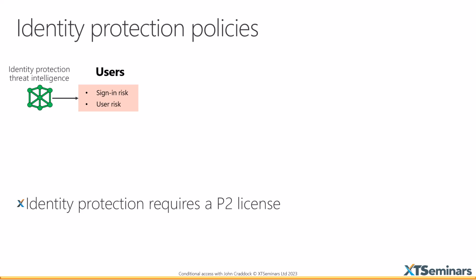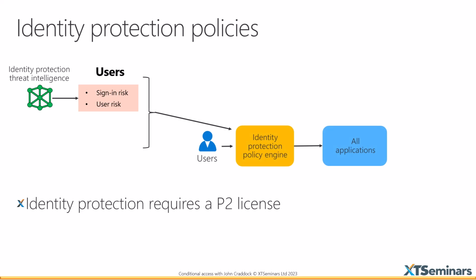your users. Now, if we want to respond to that, what we're going to need is some form of policy engine. And there's a policy engine, well, there's actually two of them, built in to identity protection. One responds to sign-in risk, the other responds to user risk. And what it does is it allows you to control whether a user can access applications.